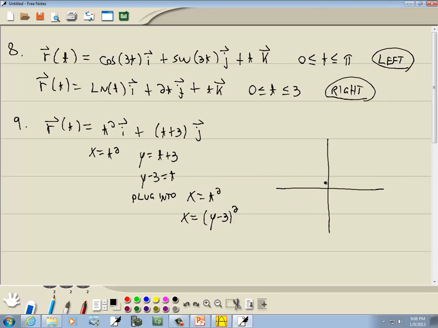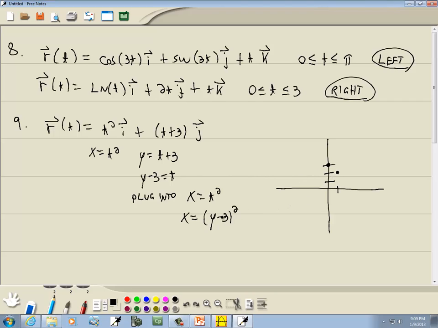If I were to plug in y is equal to 3, 3 minus 3 is 0, 0 squared is 0, so we get x equals 0. So this would be a point. If I plugged in y is equal to 2, 2 minus 3 is negative 1, negative 1 squared is a positive 1, so that would be this right here.